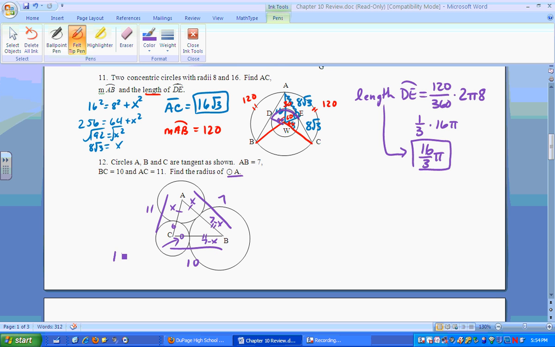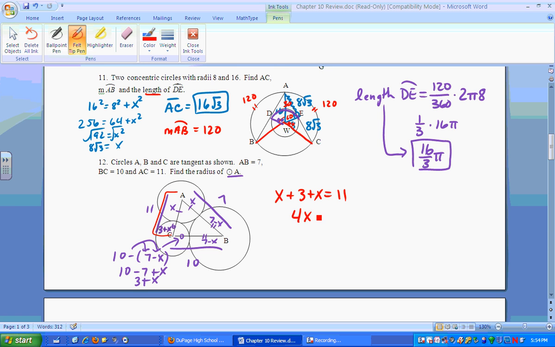Over here, we get 10 minus, and don't forget to put in parentheses, 7 minus x. Distribute the minus sign to both. We get 10 minus 7 plus x. So this simplifies to 3 plus x, which means that this piece here is also 3 plus x. Now we stop because we're back to x. But what we do know is that this side over here, let me highlight it, is x plus 3 plus x, and you're going to set that equal to 11.